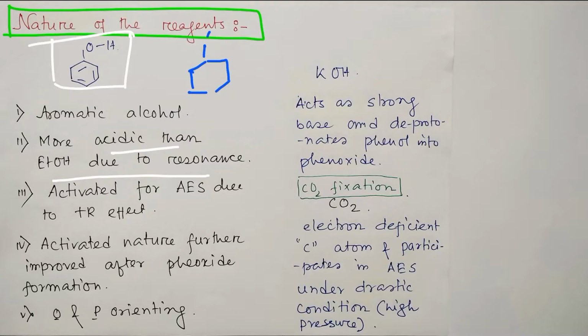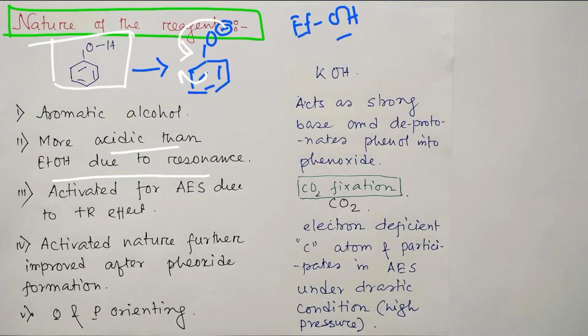So phenol in the presence of base will be converted into phenoxide. This is more acidic than a simple alcohol like ethanol because the negative charge is delocalized over the ring. That is the reason.